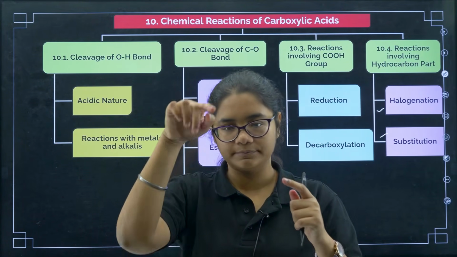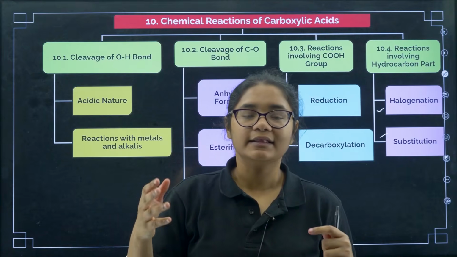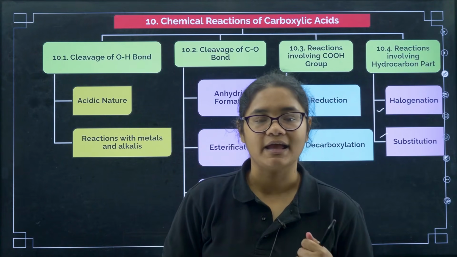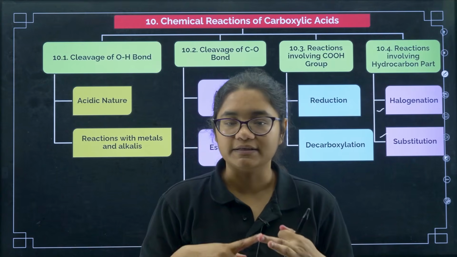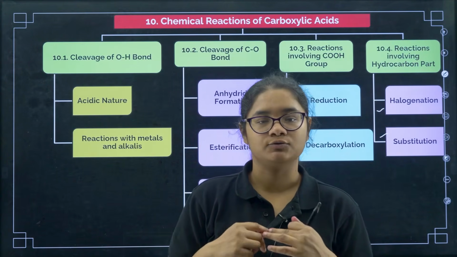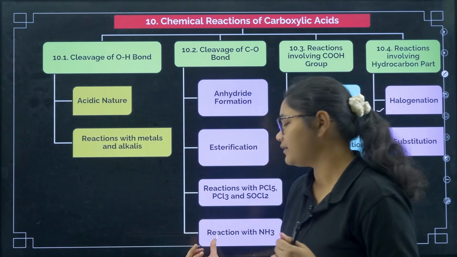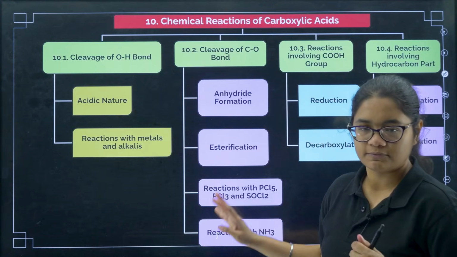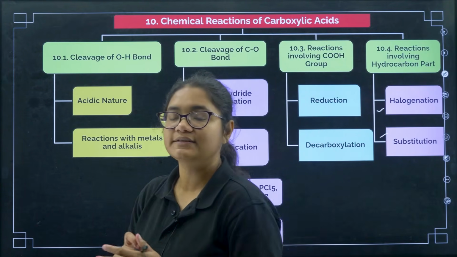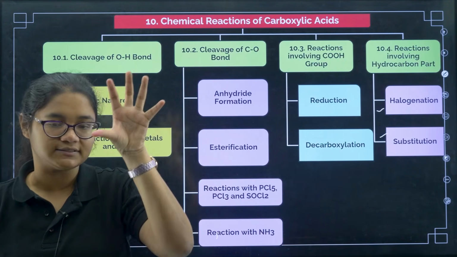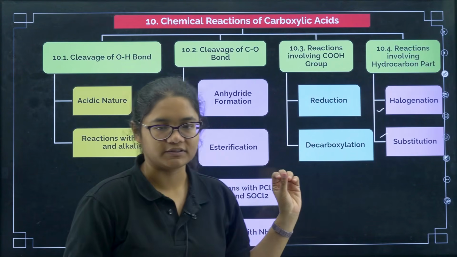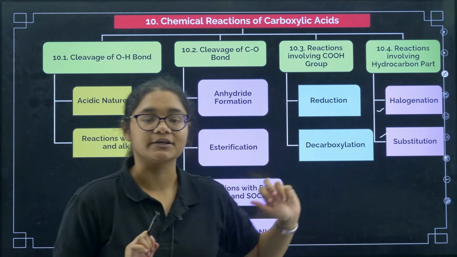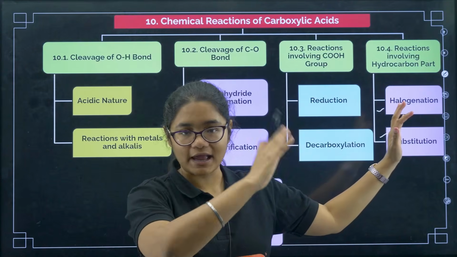In that we have esterification, anhydride formation, reactions with PCl3, PCl5 and SOCl2, and then reaction with ammonia. Four types of reactions are there. Next, reactions involving the whole COOH group: reduction and decarboxylation. Then reactions involving the alkyl part.